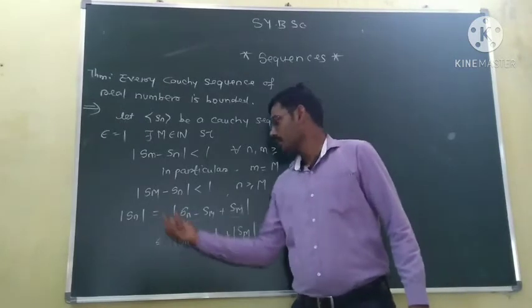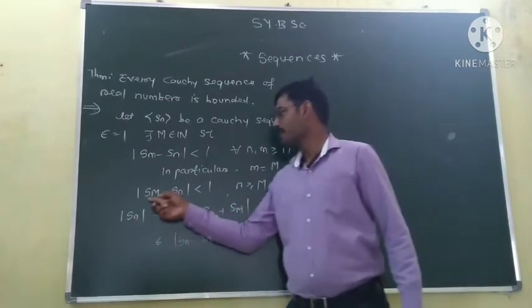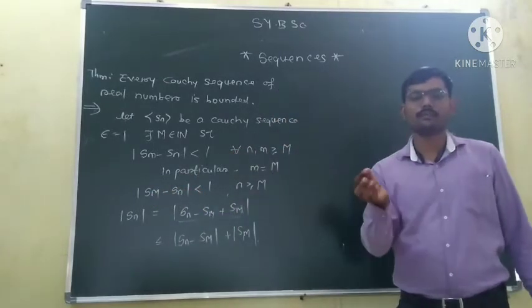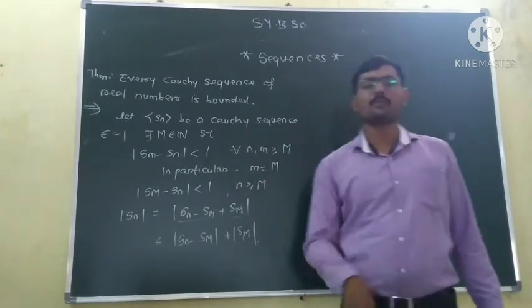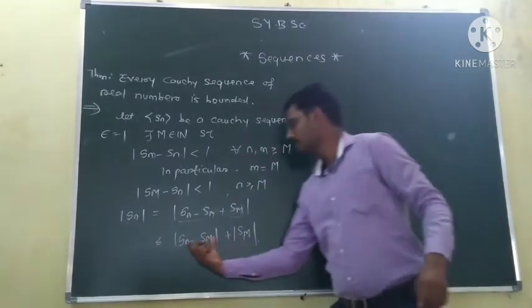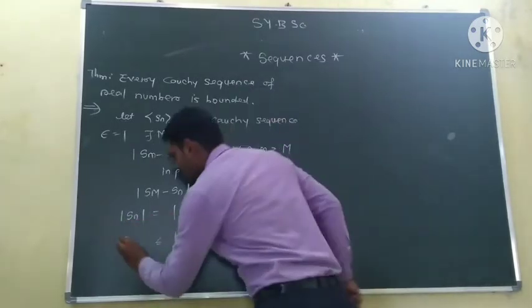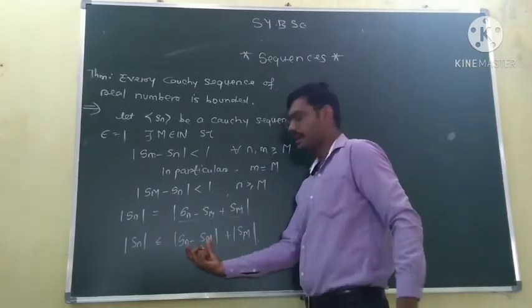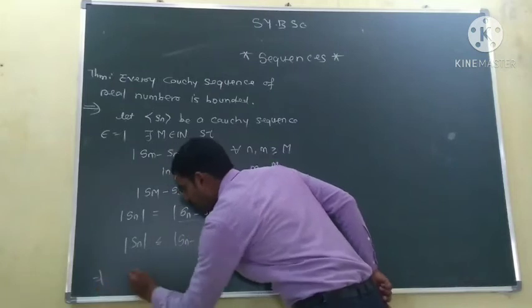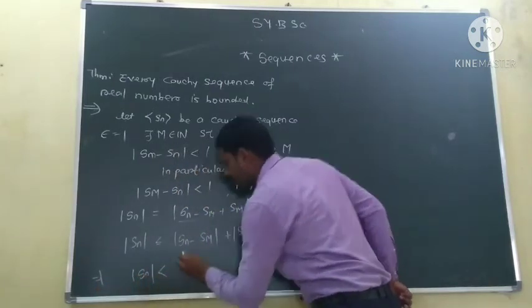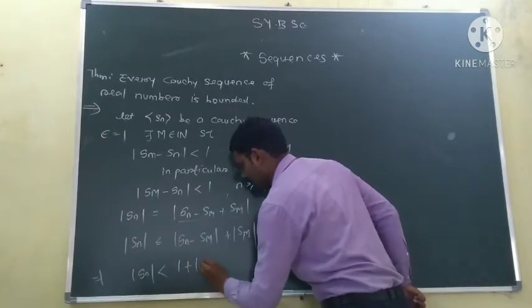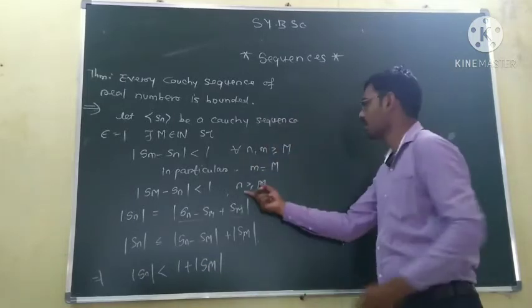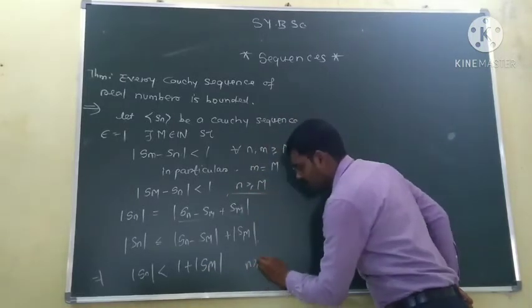We know the mod of Sn minus SM is the same as the mod of SM minus Sn, because the mod of A minus B is equal to the mod of B minus A. But this is strictly less than 1. So this implies the mod of Sn is strictly less than 1 plus the mod of SM. And this is valid for all n greater or equal to M.